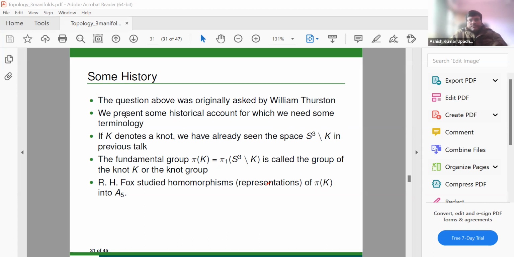We will present some historical account for which we need some terminology. So let K denote a knot, and we have already seen the space S3 minus K in the previous talk.